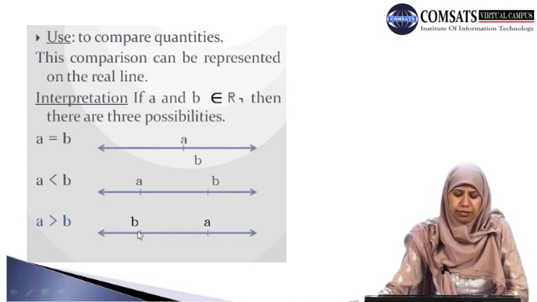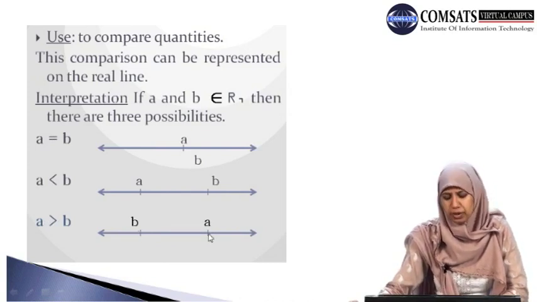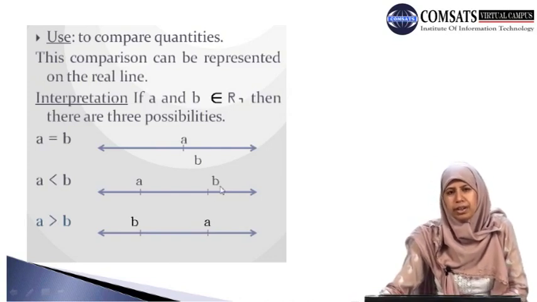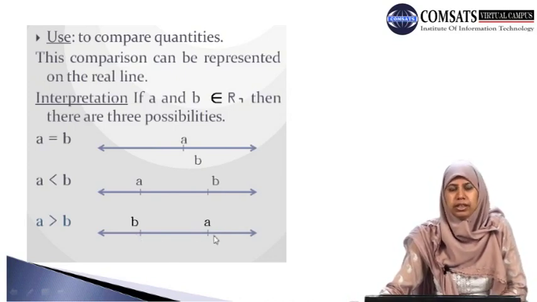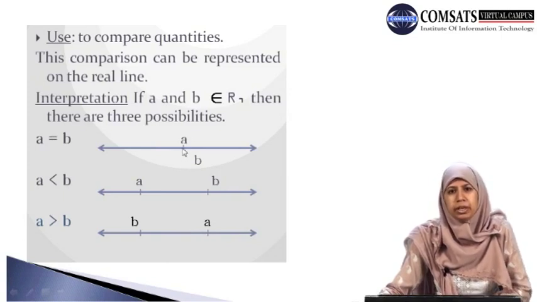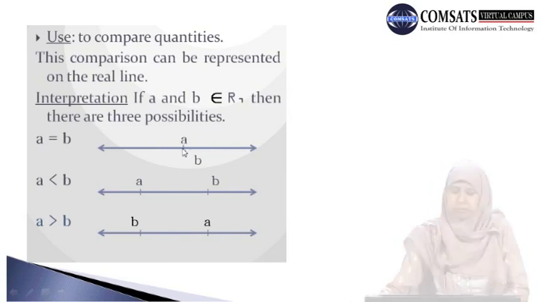Then b will be located on the left side and a will be located on the right side. That is how we represent our quantities on the real line: the lower one on the left side and the bigger one on the right side. If the quantities are equal, we locate them on the same point.